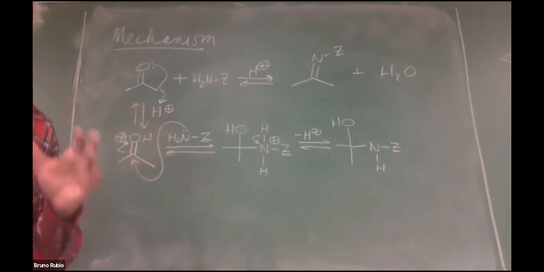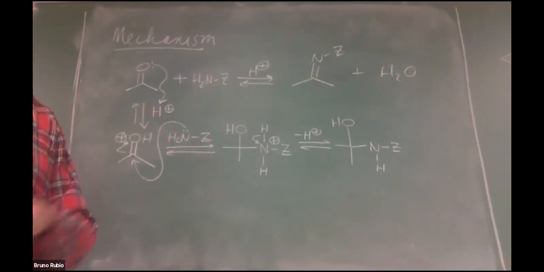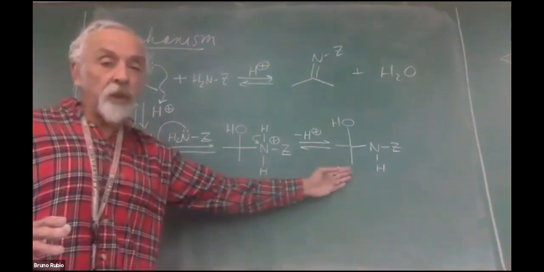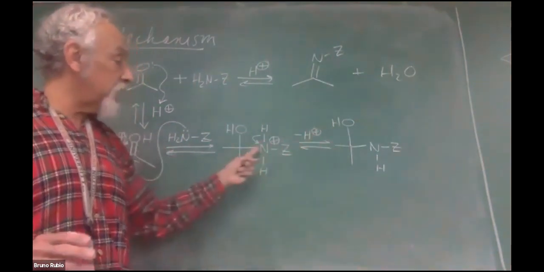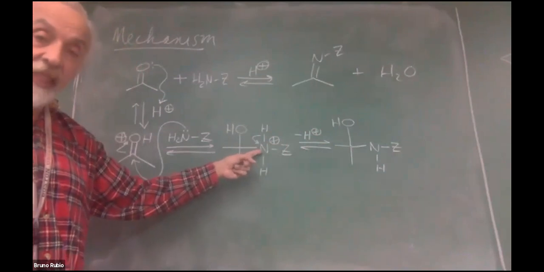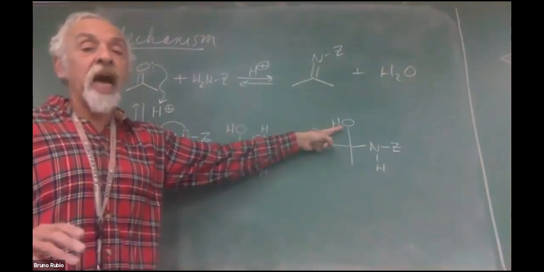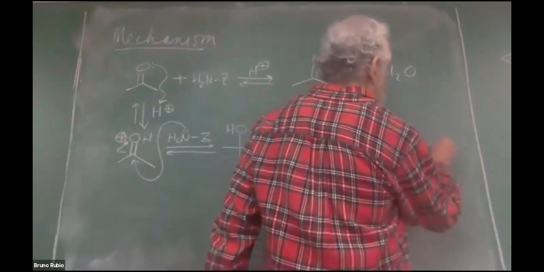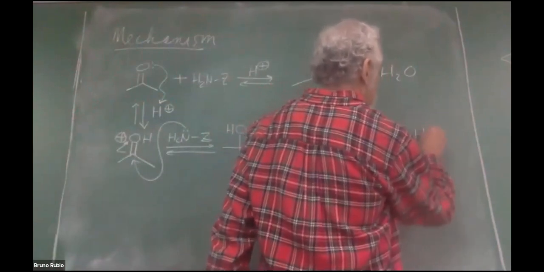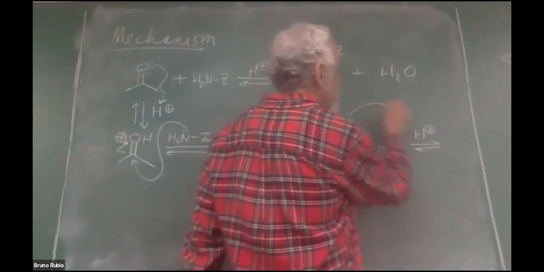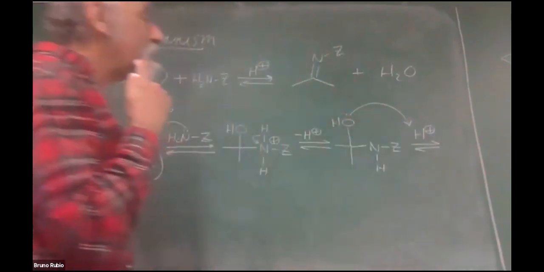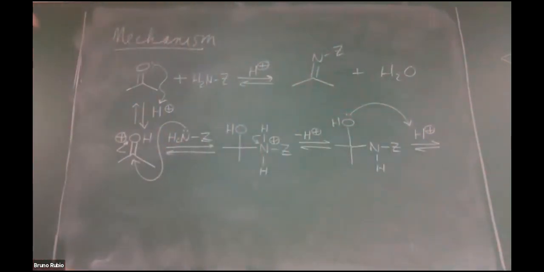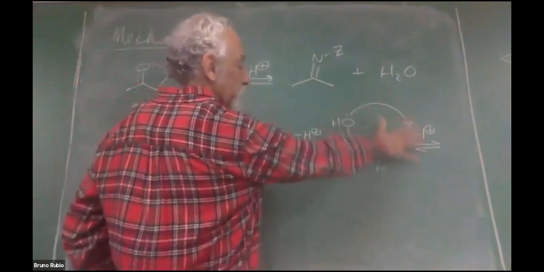So one of those protons in the solution comes back on this molecule, but it's not going to come back on this nitrogen this time. It's going to come back on this oxygen. So the next step here is going to be the reprotonation of this hemiaminal, which is what that's called. Not important.